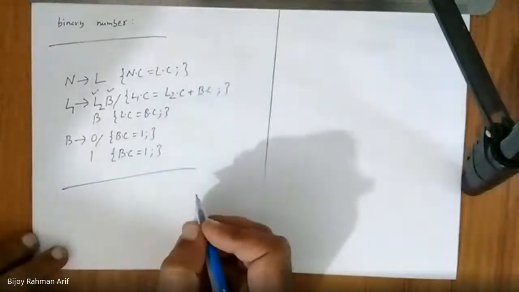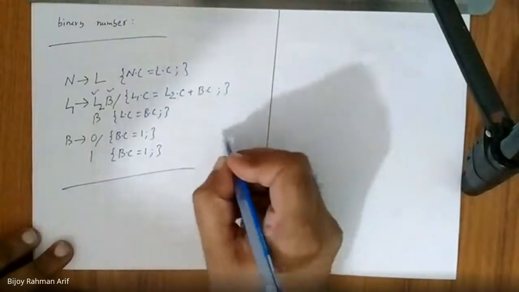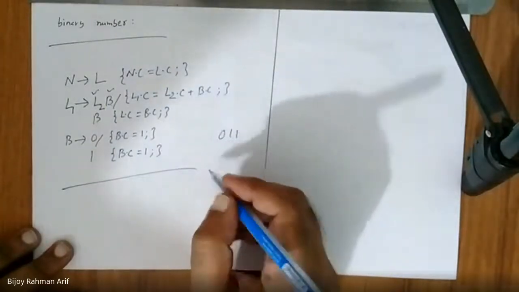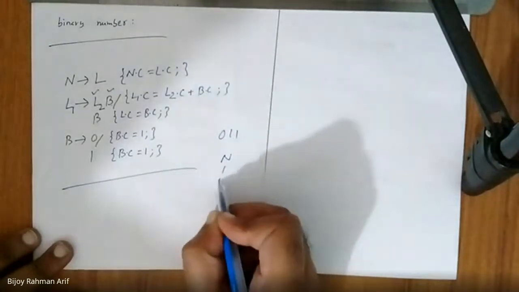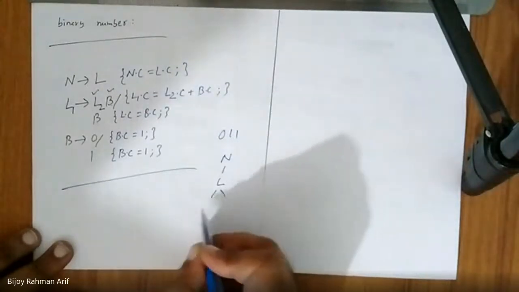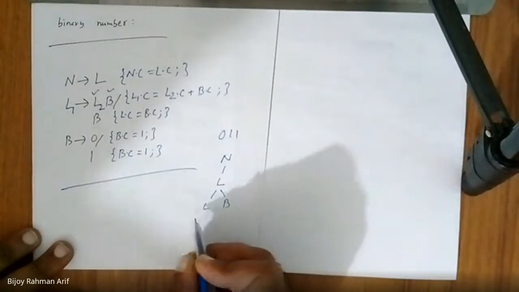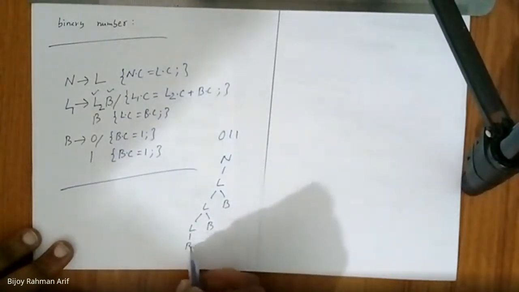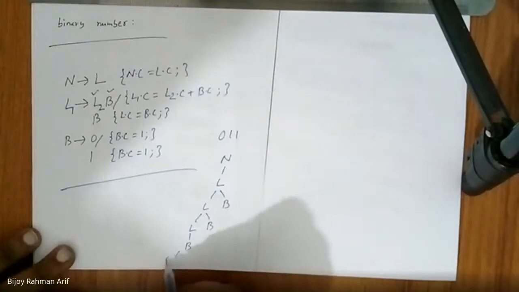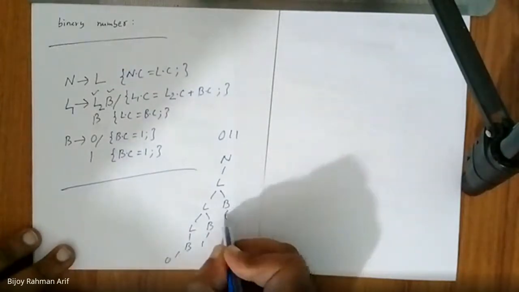Any query? How is L.count computed here? Let's take the string 0 1 1. What is the parse tree for this? N derives L, L derives L B, then this derives L B, finally this one B. This one is nothing but 0, this one is 1, this one is 1.